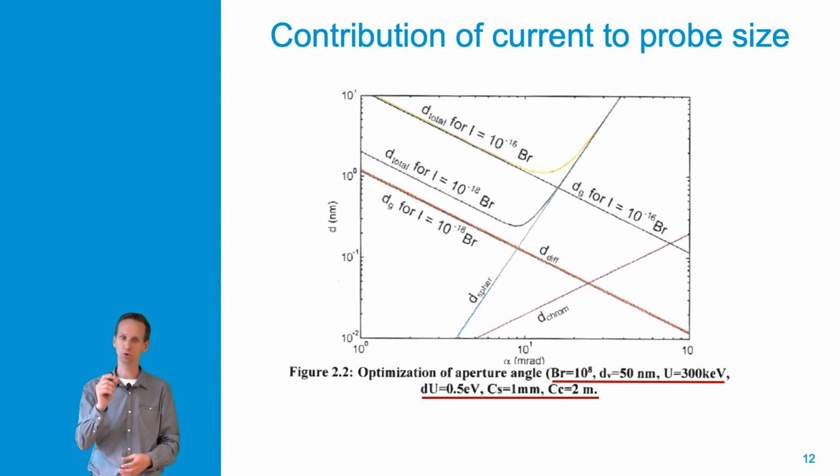Of course, we should also realize that this is for a very small 0.5 electron volt energy spread. So if we have more energy spread, the chromatic aberration coefficient may become dominant, because this is also dependent on delta E over E0. So I want you to be able to understand how these different probe size contributions relate to opening angle and to current, which is the main message of this video.